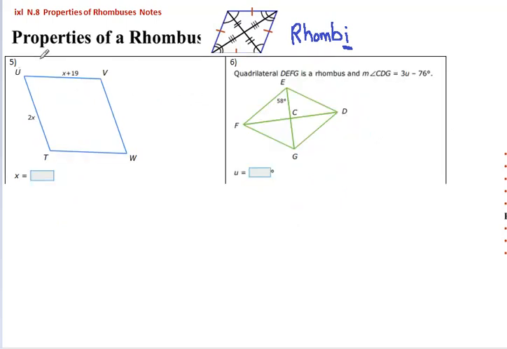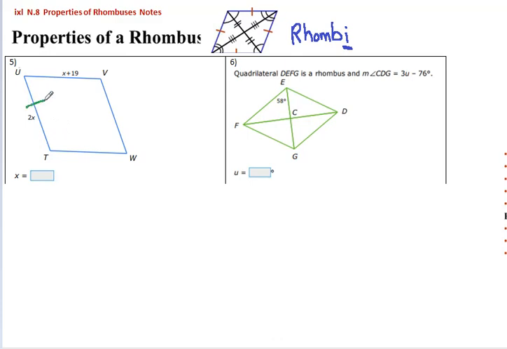Moving on to number 5. Here we're dealing with the sides. So according to this diagram, in a rhombus all of the sides are congruent. So remember, if you're looking for the value of x, you have to have 2 things that equal something to be able to solve for it.